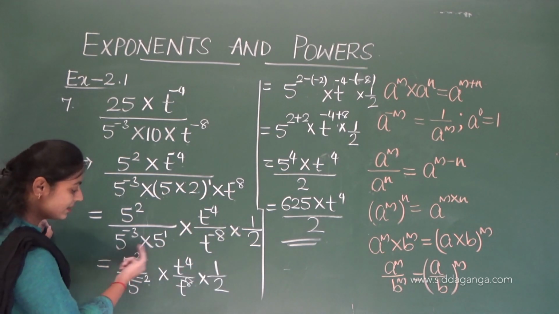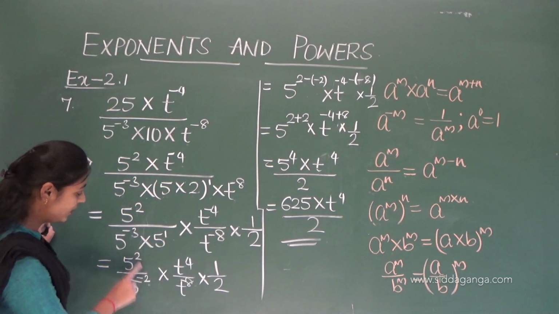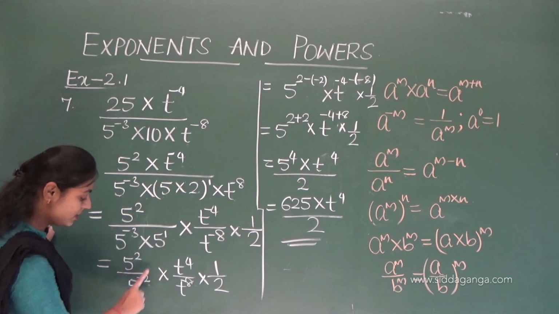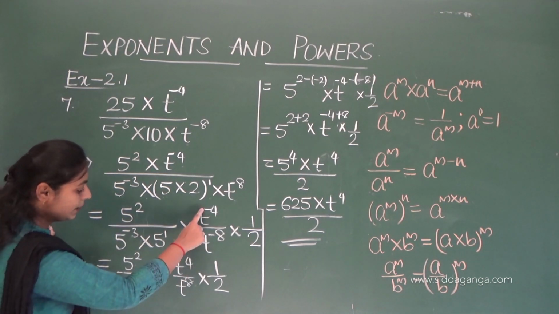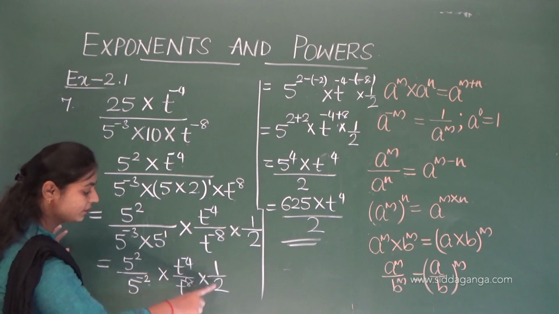So when the bases are equal and there is multiplication, we can add these two exponents. So 5 divided by minus 3 plus 1 is minus 2 into t power minus 4 divided by t power minus 8 into 1 by 2.